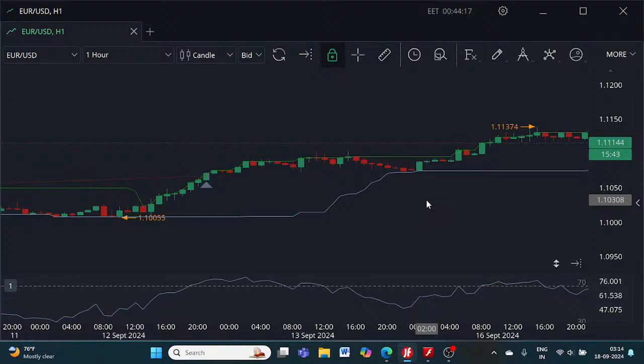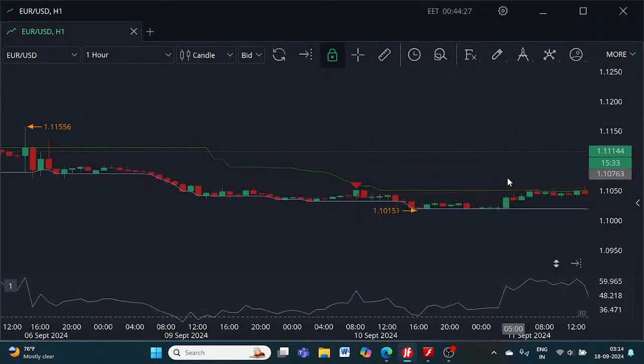The same thing can also be applied in inverse fashion for the oversold scenario, if the underlying instrument is in oversold territory where the RSI output is below 30.